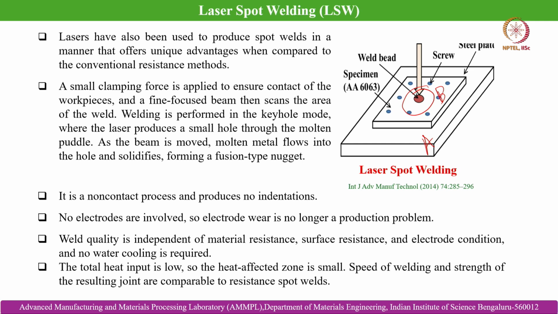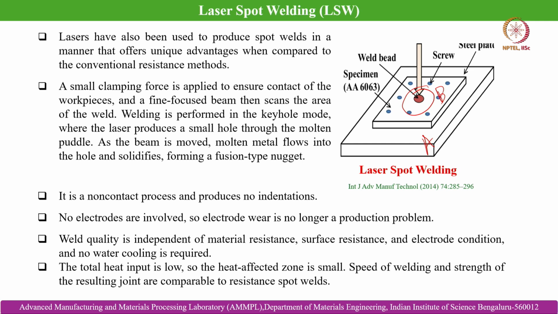However, it offers unique advantages when compared to the conventional resistance method. We will discuss next about laser resistance spot weld also, where electrical resistance is responsible for spot weld. Rather than that, in case of laser spot welding, there is not much joint preparation.